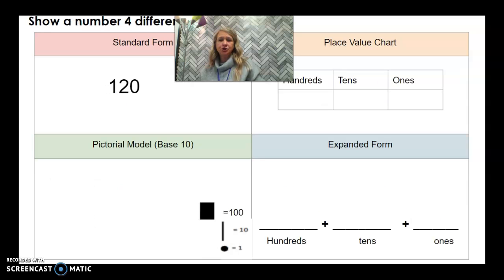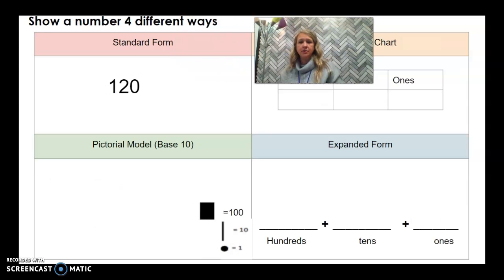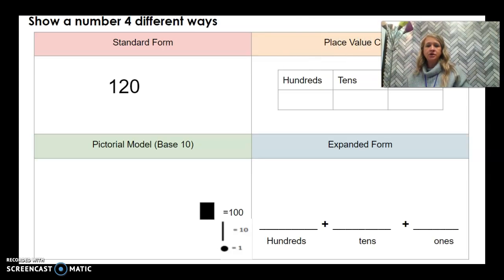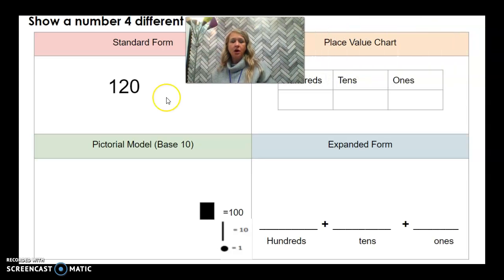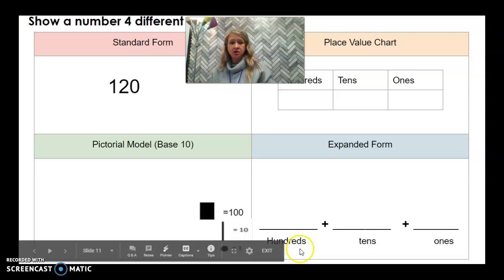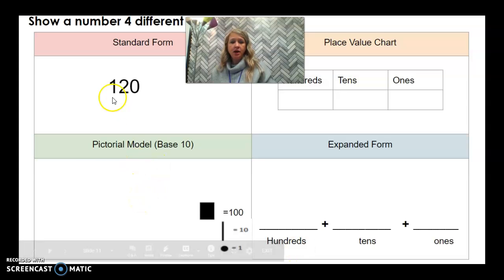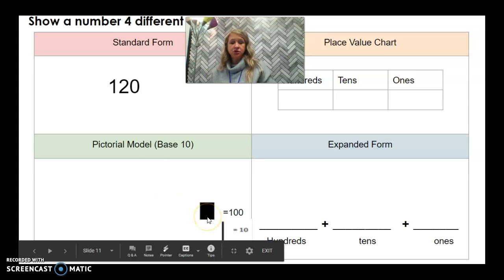Now I want to show you another way to make the number 120. I wonder what that looks like. Well, I'm going to show you in just a second. If you have the number 120, that's written in standard form, and you're going to draw a picture, how many hundreds would you draw? 1.